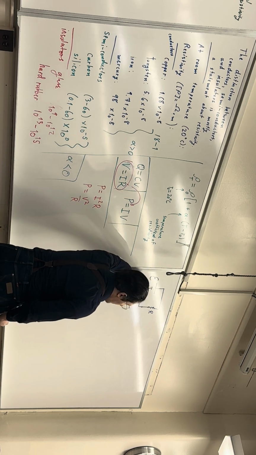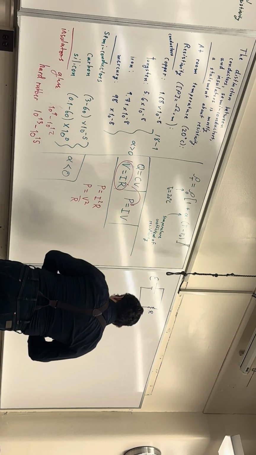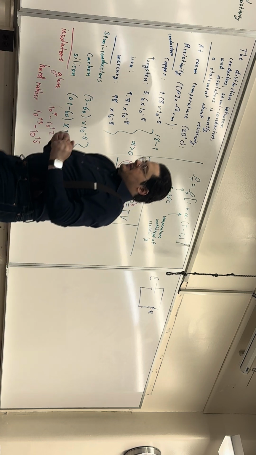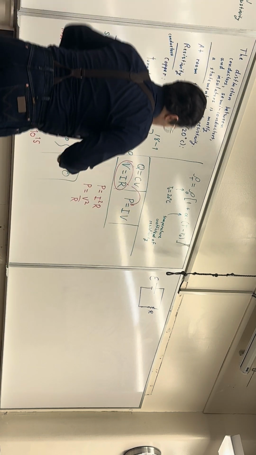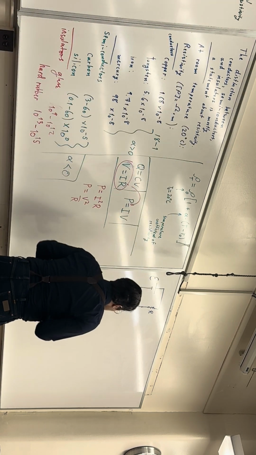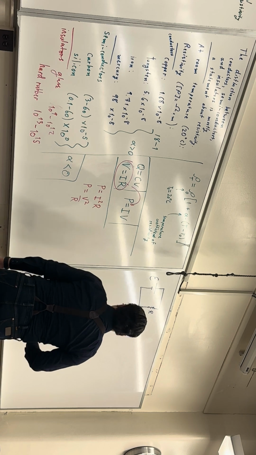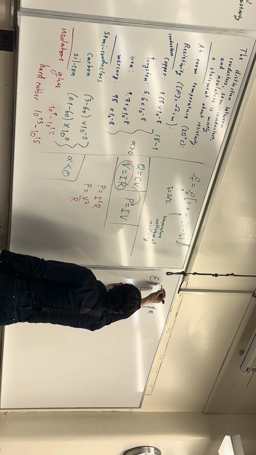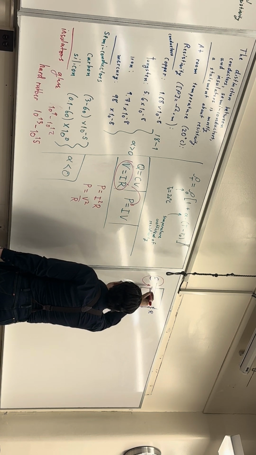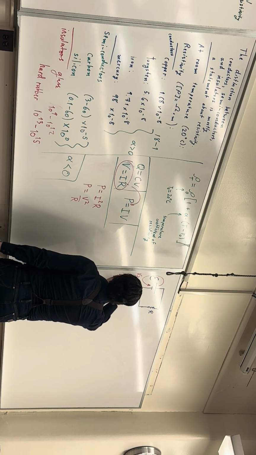This is a fixed voltage source, and it always has a voltage between the two plates of curly E. And it's always going to be pushing the charges around, hence electromotive force. So the voltage difference between these two ends is curly E.